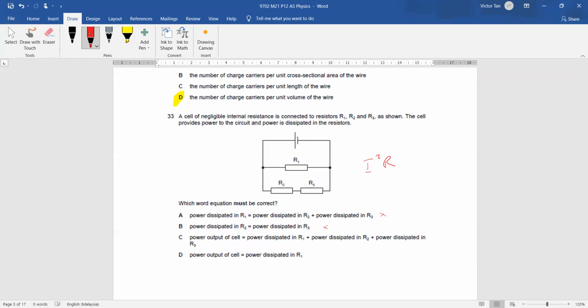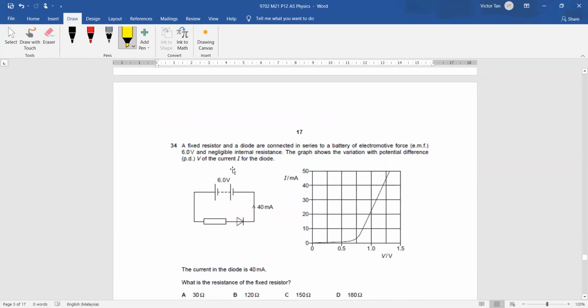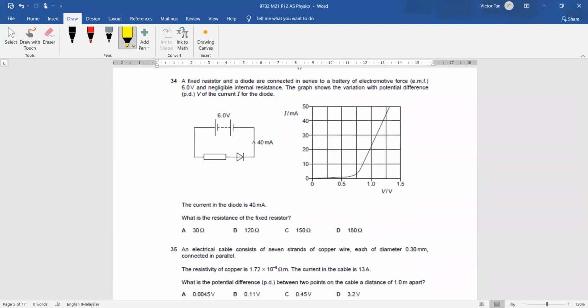It's also not possible. Power from the cell equals power in R1 plus power in R2 plus power in R3. This is okay. Power per cell, power dissipated in R1. No. So C is quite trivial.